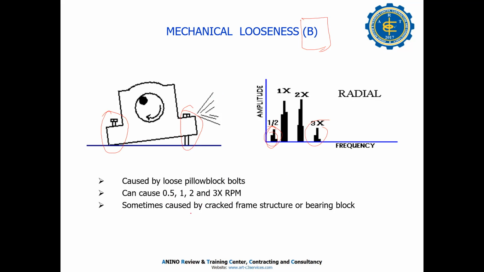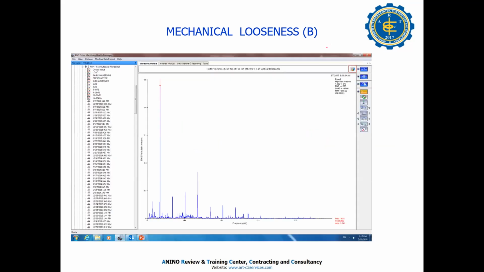So the crack frame is the frame, and also the bearing block. This is the bearing block, pillow block. Okay, so it's easy. You have 1x, 1/2 x. That is mechanical looseness B. I have this one, so this is 1x.